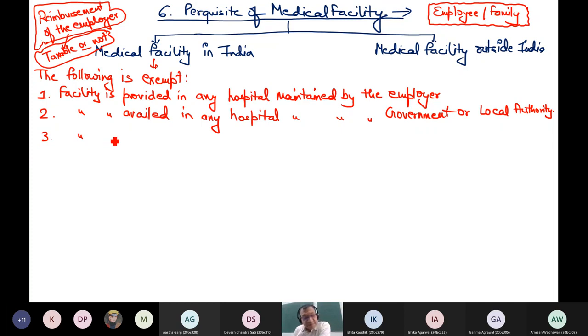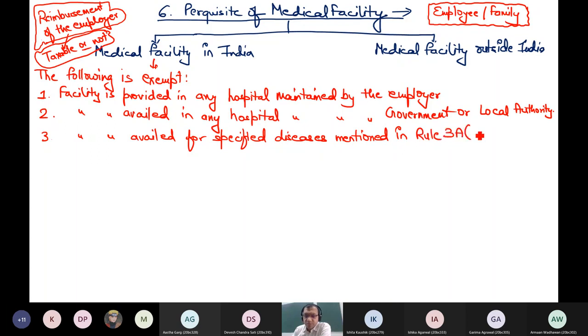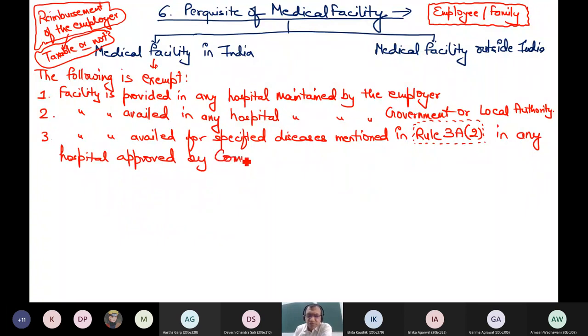If you have availed medical facility for some diseases, availed for specified diseases, which are mentioned in Rule 3A sub Rule 2, in any hospital approved by the commissioner, principal, chief commissioner, etc. So I am only using the word commissioner.